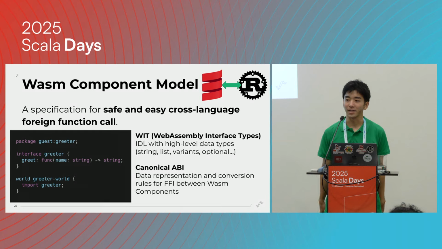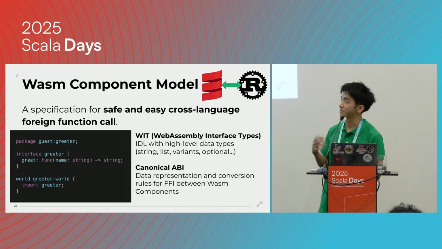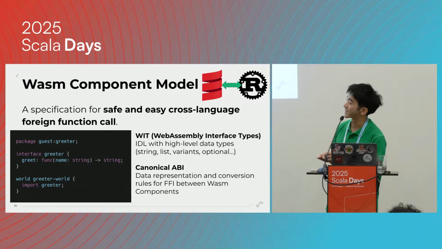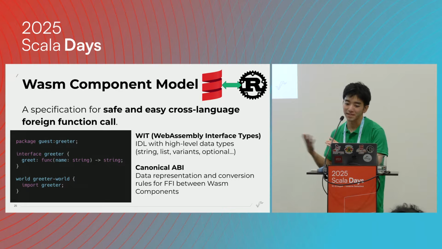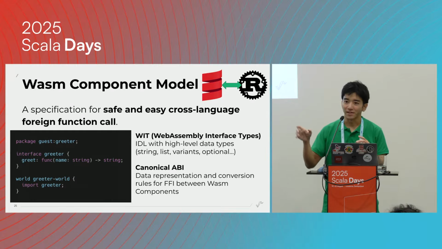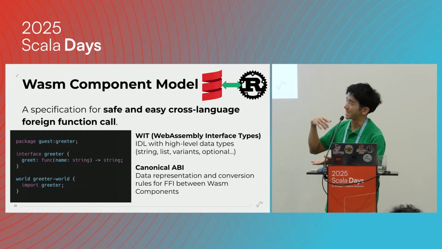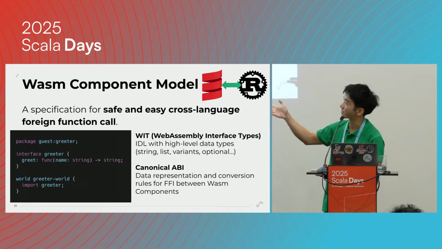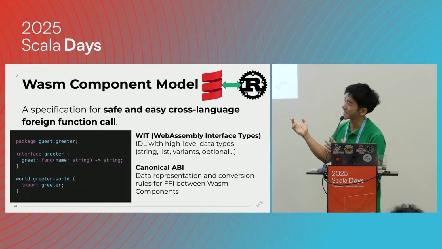WIT is an interface description language that has high-level data types like string, list, variants, optional, and result types, and so on. So we can describe the interface of WebAssembly using this WIT interface. You can think of this as something like protocol buffers.